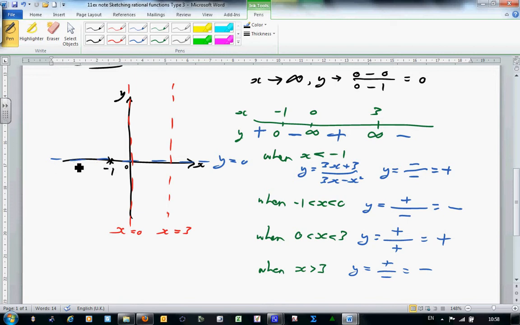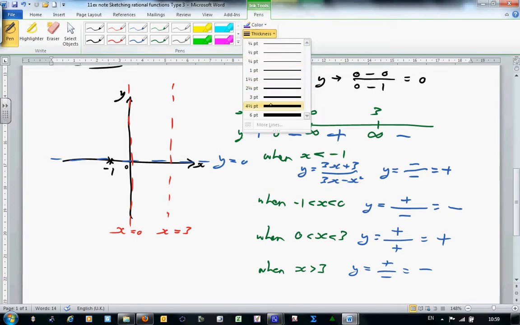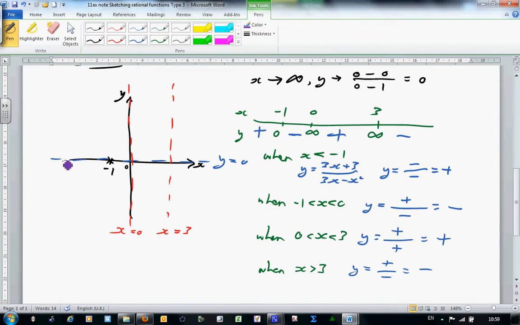We've got to go through the intercept. We know that it's negative between -1 and 0, and there's an asymptote which you cannot cross. So I'm thinking this. I'm going to come through here, and as I go through here, it becomes positive, which makes sense. But it's an asymptote, so it's going to have to go like that. See what I'm saying?